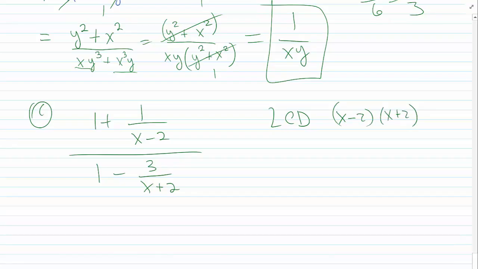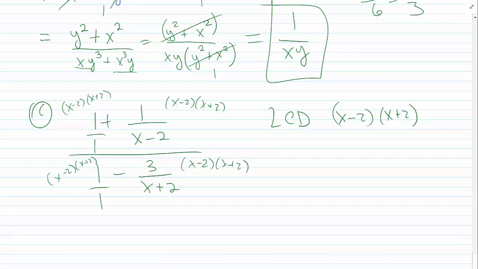Just rewriting it as a fraction over here and multiplying it by the LCD. Okay? And just a lot of writing now. Okay, so let's do this. Multiplying by the LCD, x minus 2 times x plus 2, on the top and the bottom, x minus 2 plus 2, and x minus 2 plus 2.